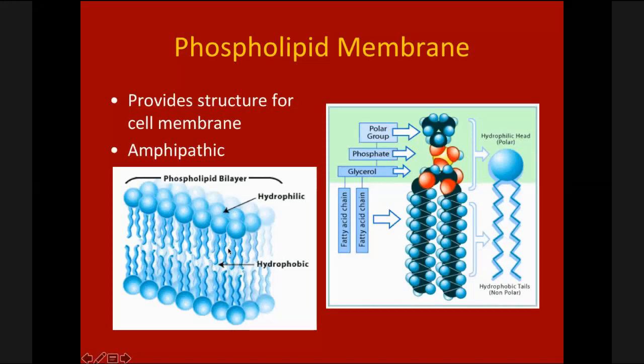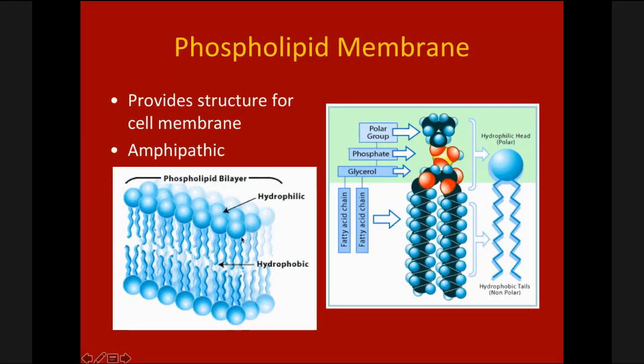And so phospholipids on early Earth started to aggregate and make these little bubbles, and created the precursors to cells. They will align themselves like this on their own. You don't have to spend energy to put them in this structure. So phospholipids are going to be the basis of the cell membrane. We'll come back and talk about them a little bit more.